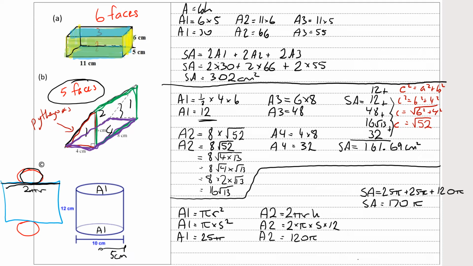But if we want to calculate it to 2 decimal places, 170 times pi, we get 534.070, which will round to 534.07 centimeters or meters? Centimeters again. Centimeters squared. And that is the surface area of our cylinder.